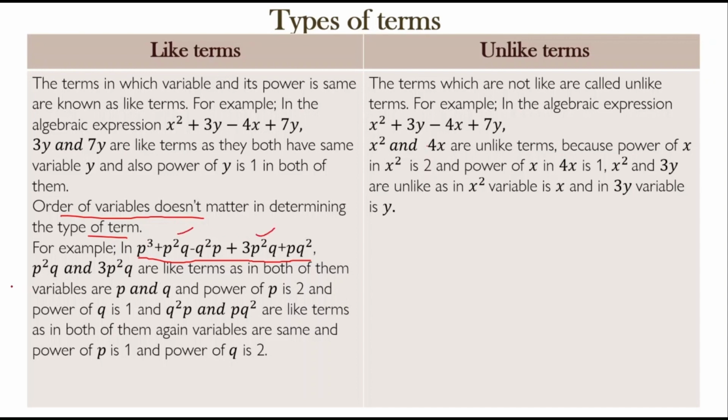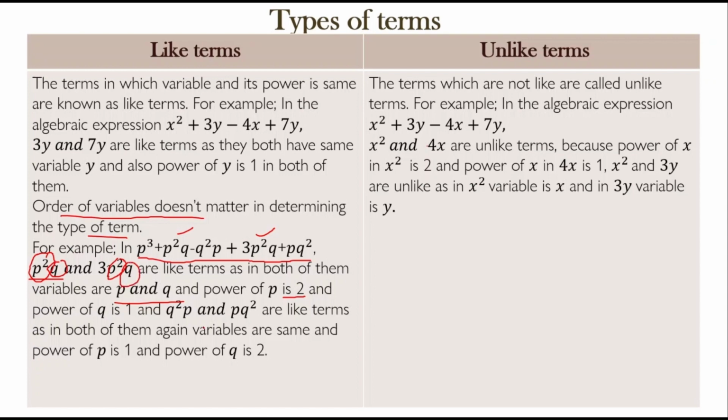Why? Because both of them have the variables p and q in them, right? Also, the power of the variable p in p square q and in 3p square q is 2. So both have the same power. The second variable q has power 1 here, and here also q has power 1. So they are like terms.